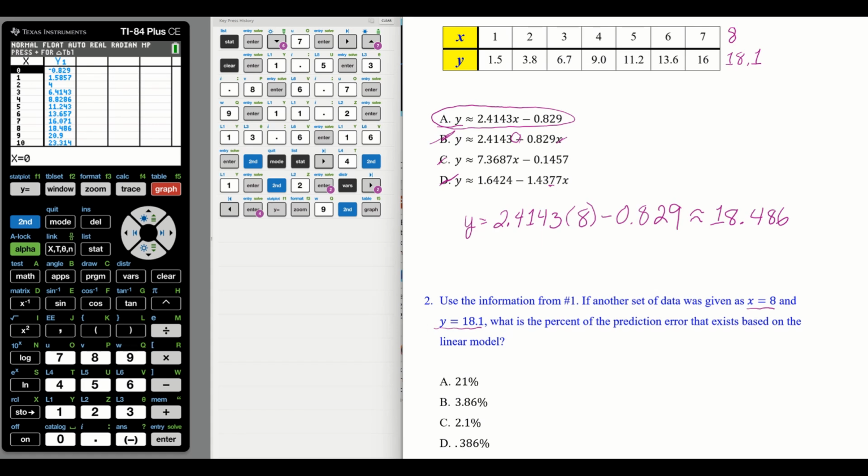Okay, this is the estimation. So this is new information. This Y right here, this is new information.